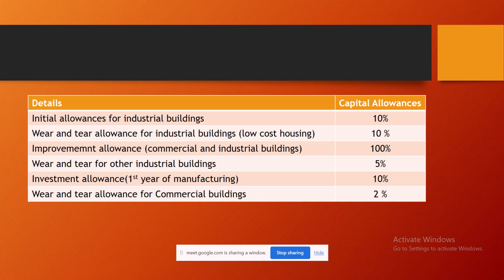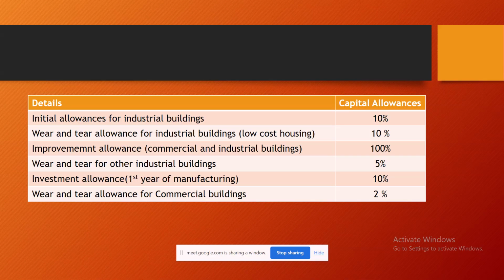For instance, when you talk about industrial building, you can compute 10% capital allowance on qualifying expenditure. There is also wear and tear allowance for industrial building, even including low-cost housing.